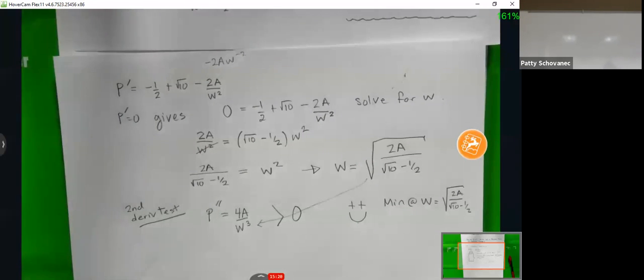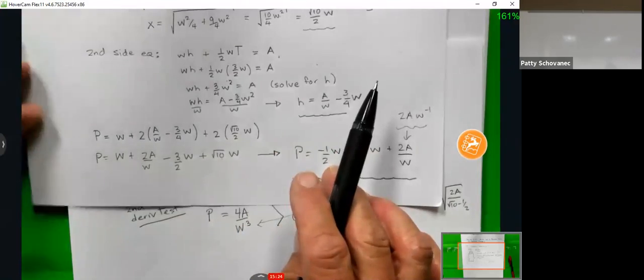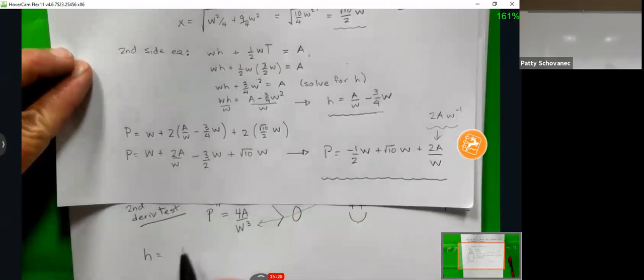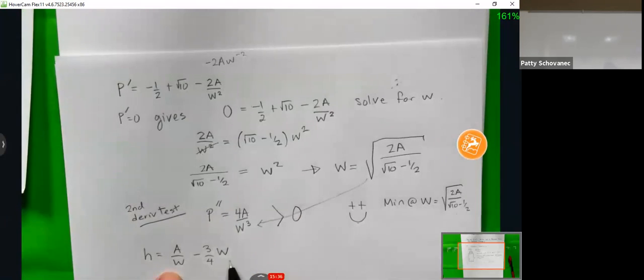Let's see, back on the previous page, we have H. Where's my H? Right here. We take A divided by W minus 3/4 of W. So we got to plug that funky number in for each W. That's where cutting and pasting comes in handy.